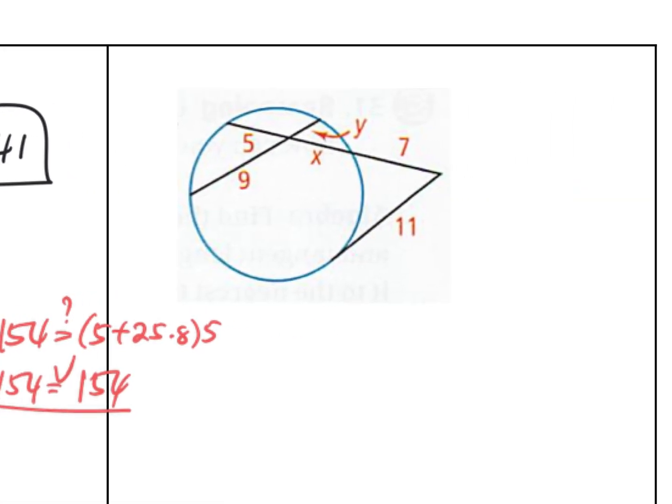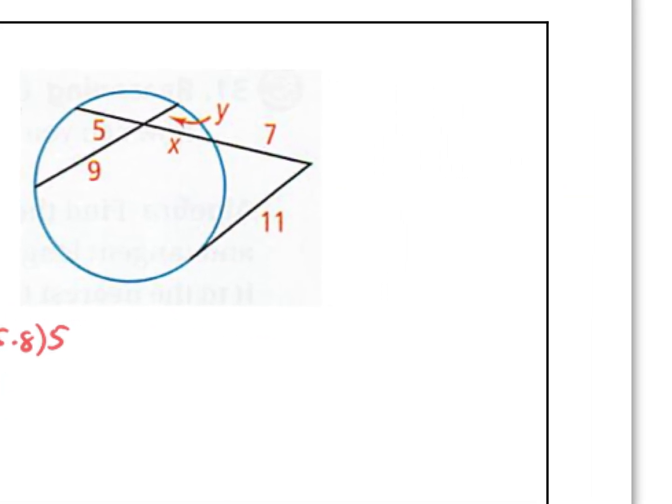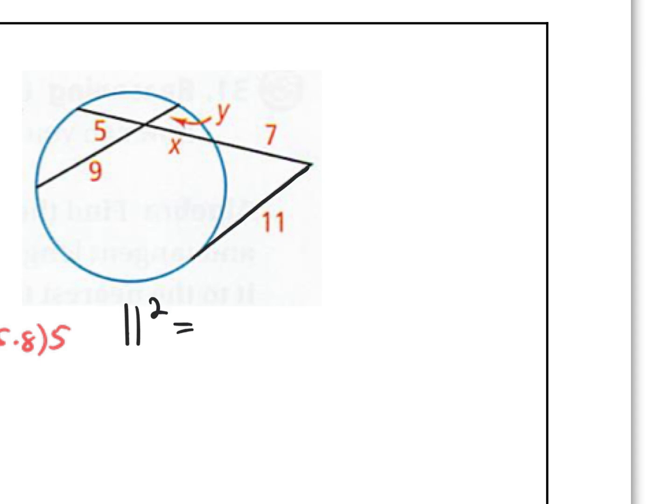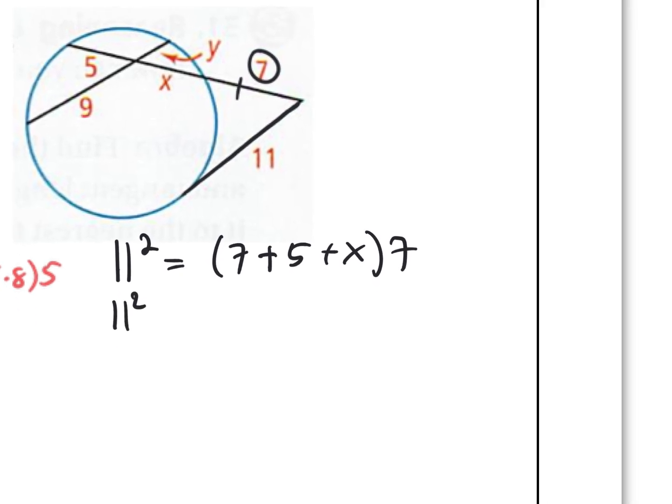So here's the last problem for this video. How will I do this? Now I have this one, so I'm going to first solve this one. This is gonna be 11 squared is equal to this one outside, 7, and then the ones inside, x, then multiplied by 7. 11 squared, I'm not gonna simplify it yet.